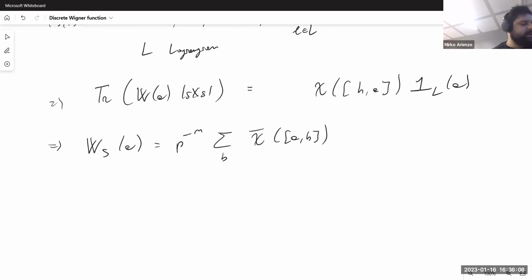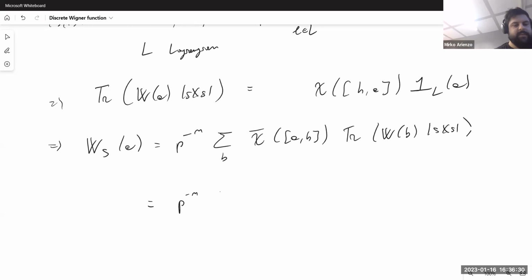And then we have the trace. Well, we have the characteristic function, just plugging in the characteristic function that we have above.